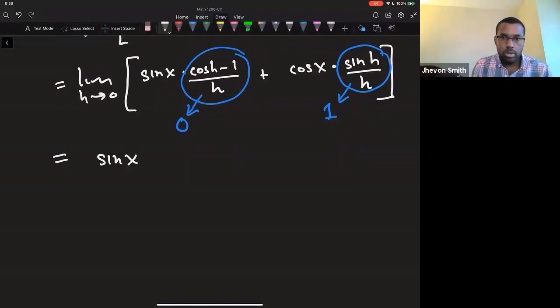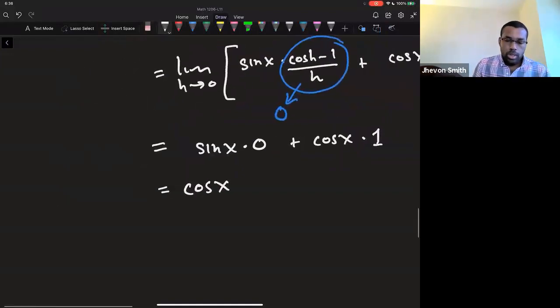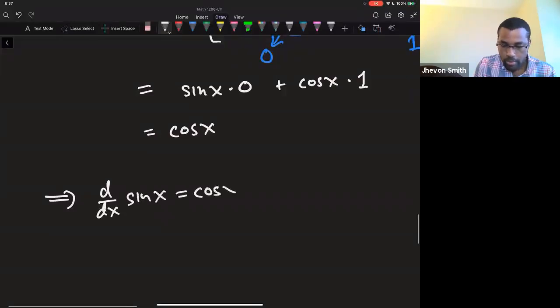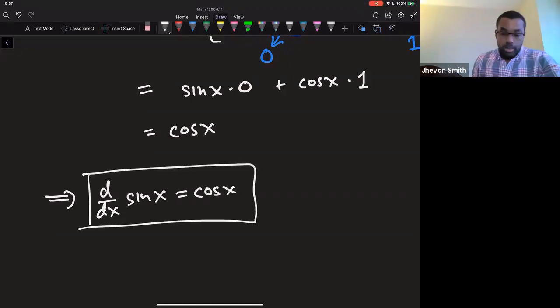That's like a constant with regards to the limit, so you can factor it outside, times 0 plus cosine of x times 1. In other words, you just get cosine of x. Okay. So that gives us another rule. This is just something that we know now. The derivative of sine of x is cosine of x. That's what it is. Now, of course, we're going to remember that.